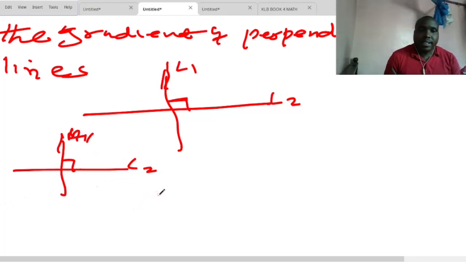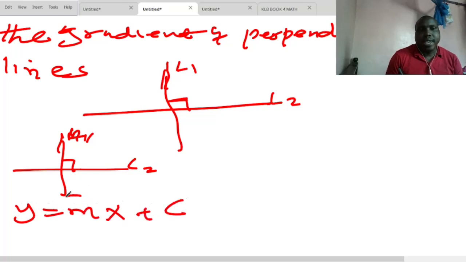If that is the case, remember the general equation is y is equal to mx plus c, where m is the gradient. The gradient of line 1 is m1, and the gradient of line 2 is m2.